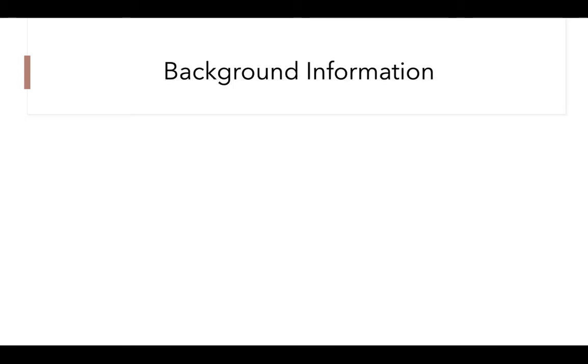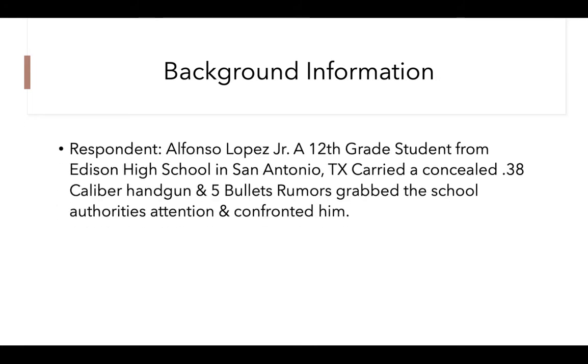Just bear with me. All right, background information. The respondent is Alfonso Lopez Jr. He's a senior at Edison High School. Now he carried a concealed .38 caliber handgun and five bullets. Rumors grabbed the school authorities' attention and they confronted him.